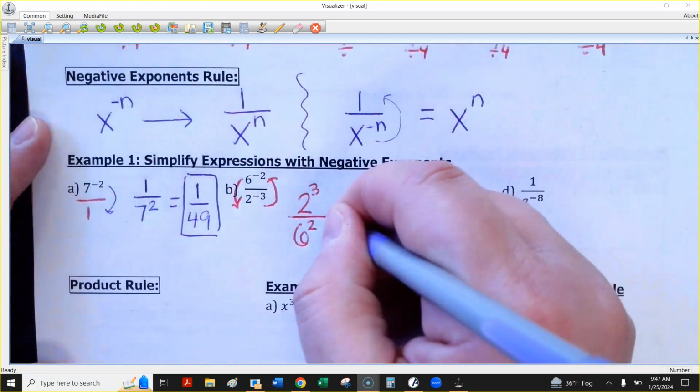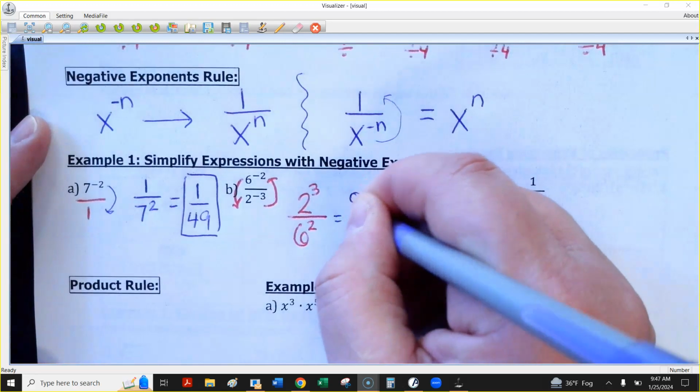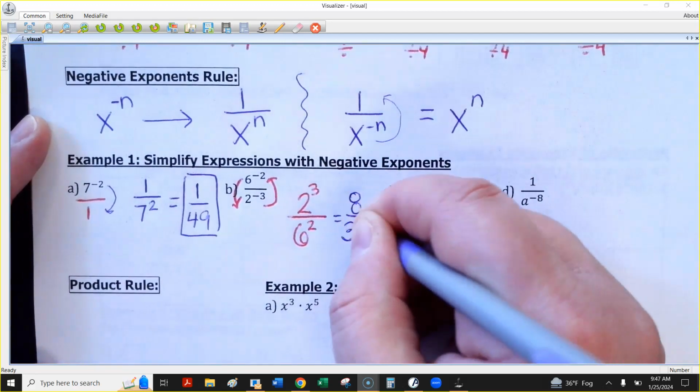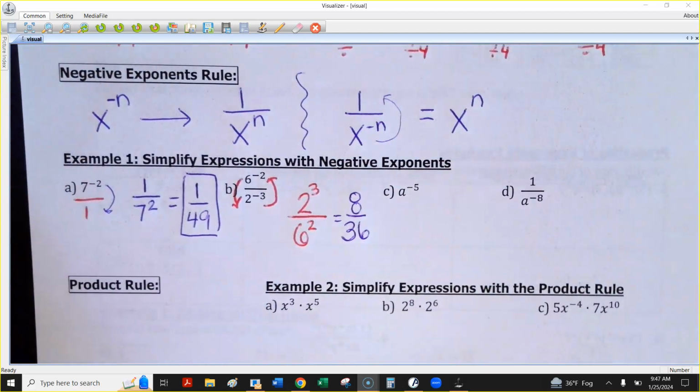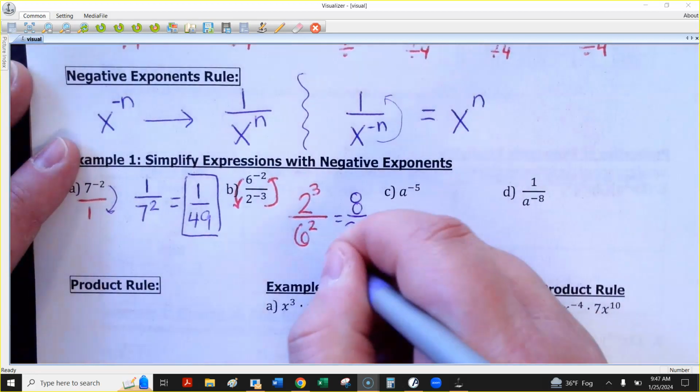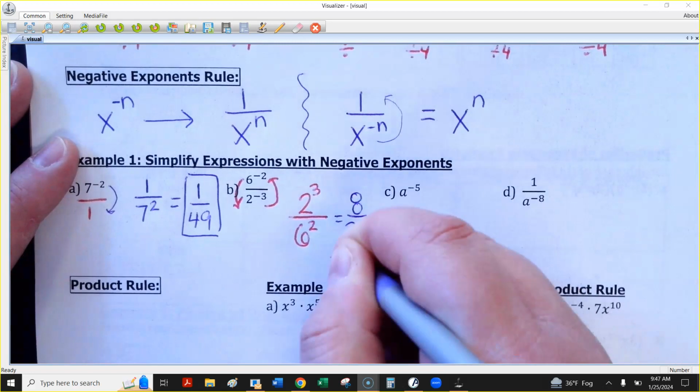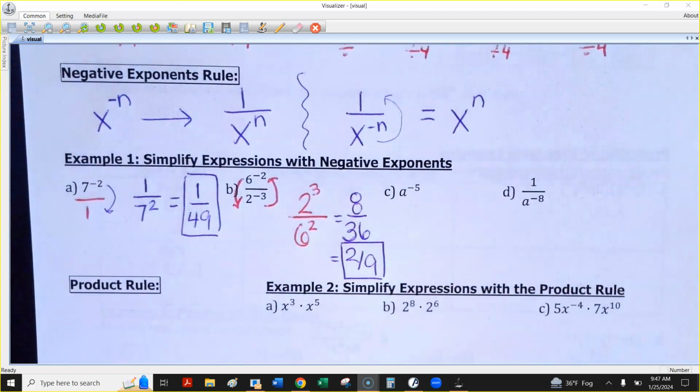So 2 to the third power is 8, 6 squared is 36. Let's see, both of those are divisible by 4, so I can reduce that a little bit. That'll be 2/9 as my answer. So you can use your calculator to do any of these questions that have numbers if you want to.